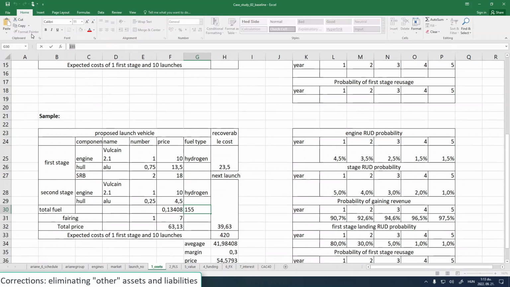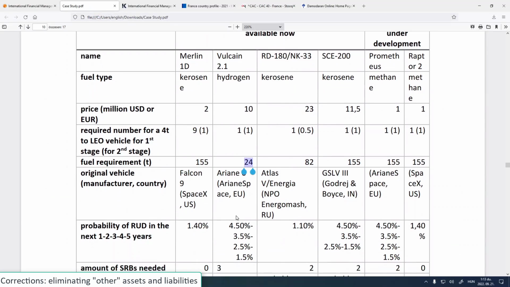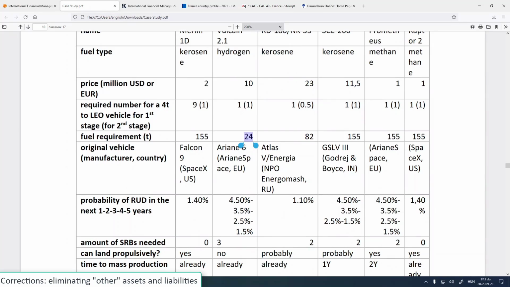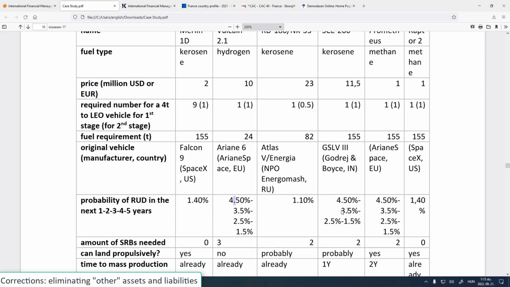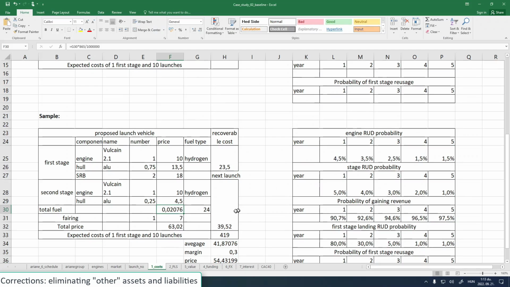Okay, no, this way. And also we need some fuel price and also probability of explosion. I think probability of explosion is the same. Yes, so I use the same learning curve.